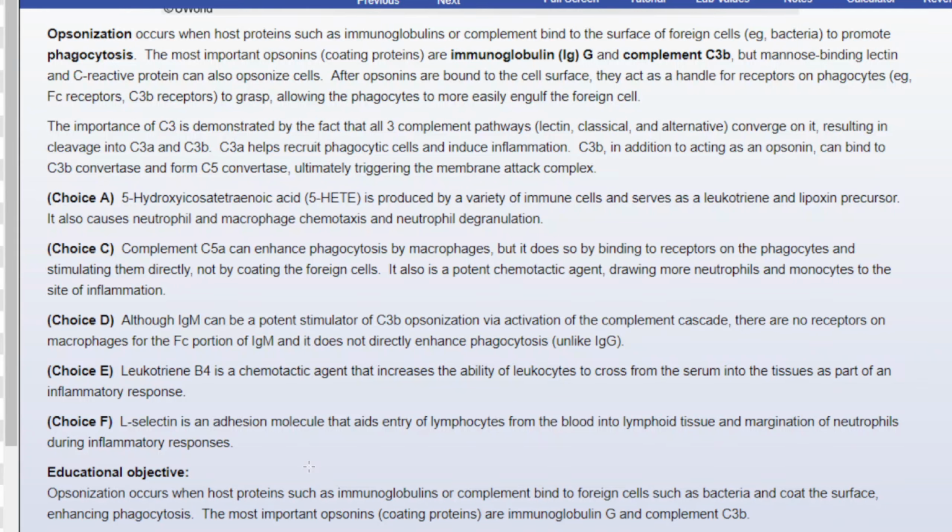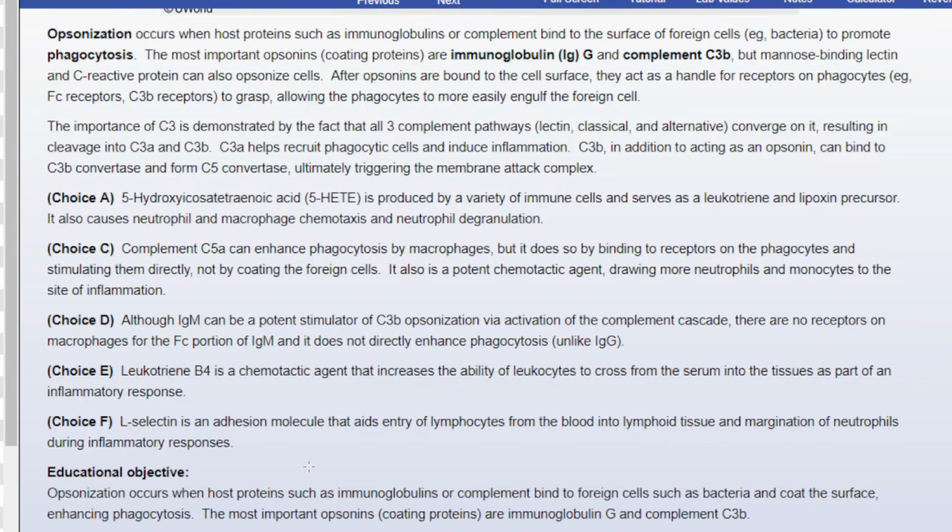They act as a handle for receptors on phagocytes, for example Fc receptors or C3b receptors, to grasp, allowing the phagocytes to move in and attach to foreign cells. So just keep in mind, immunoglobulin G and complement C3 are part of the process of phagocytosis.